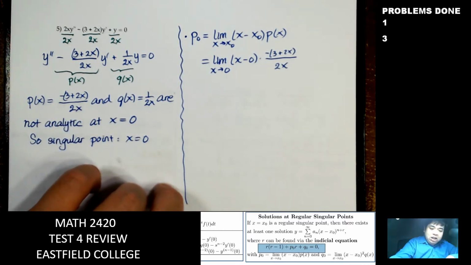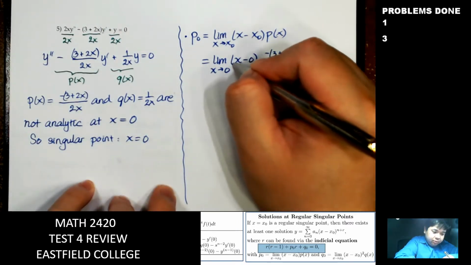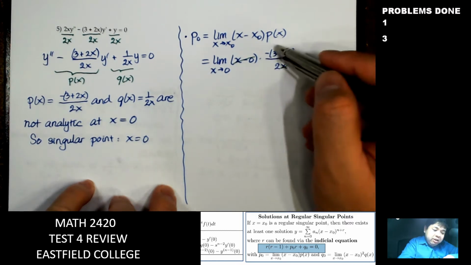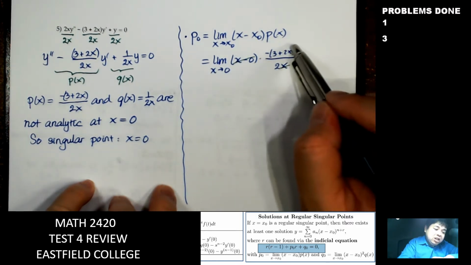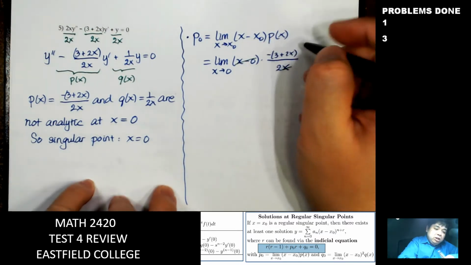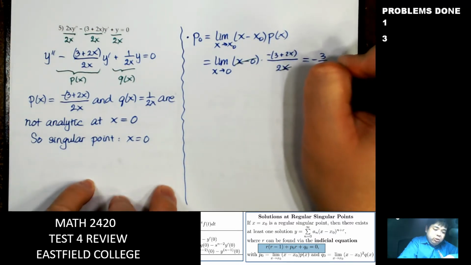And we have the x cancel out. So pretty much we have that over 2. If we have x equal to 0, we just have negative 3 over 2. So this limit equal to negative 3 over 2.